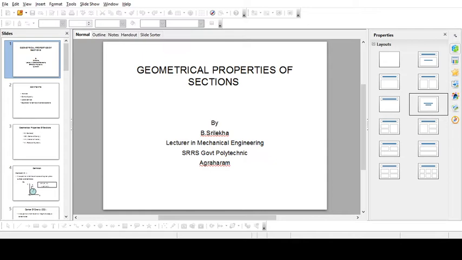Moment of inertia about any given section is simply the product of area multiplied with the square of the vertical distance, A into y square, where y is the distance from the axis. Now let us discuss an example of this.